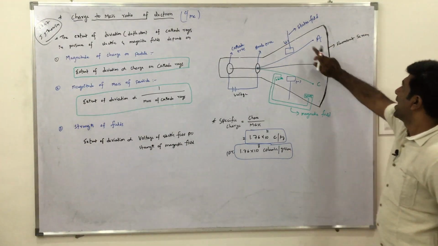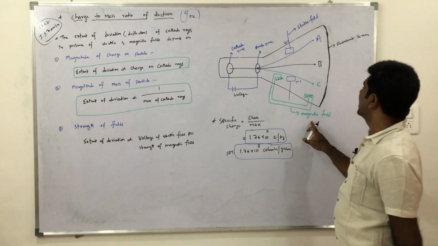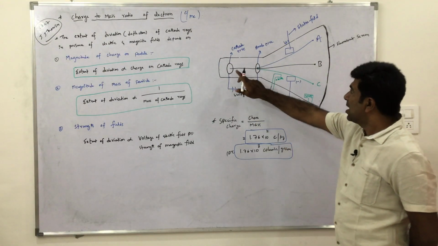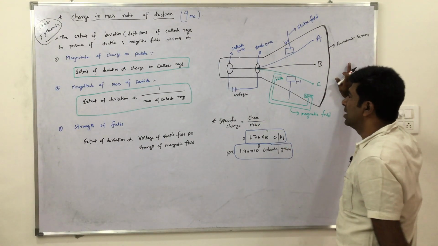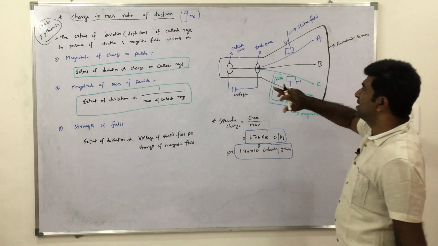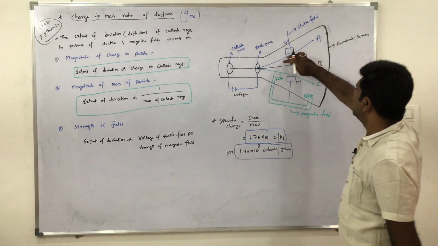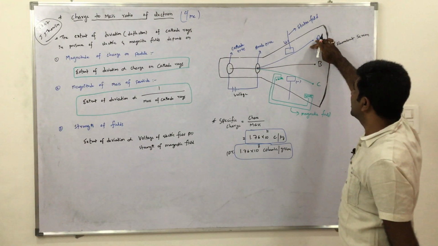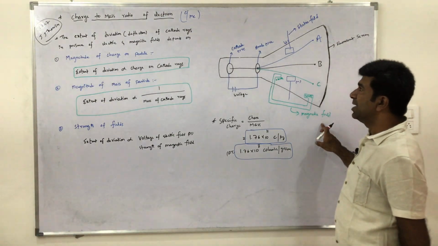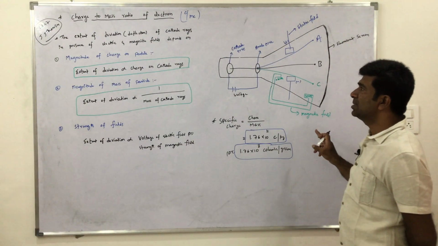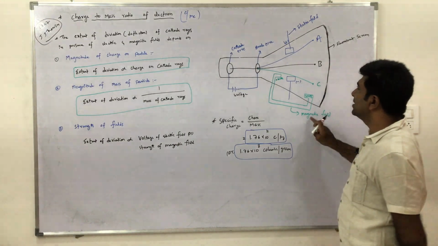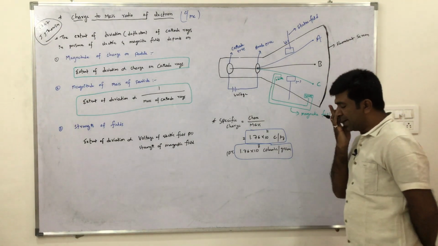The magnetic field and electric field are perpendicular to each other as well as to the path of the cathode ray. Now the extent of deviation, that means this deflection that takes place here, in the presence of electric field and magnetic field depends on the following criteria.